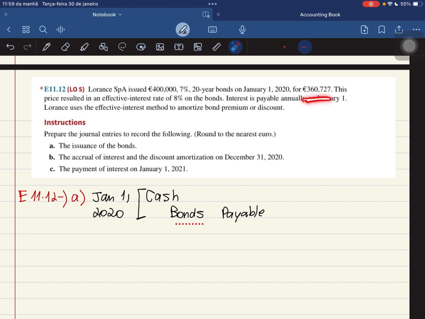So this is the issuance price, the present value, and we're going to use that value over here. Sometimes they're not going to give this value to you, but they're going to give you all of the other information, like the number of periods, the rates, and the value, and then you would have to calculate it yourself. In this case, they gave it to us, so we can just write it like this.